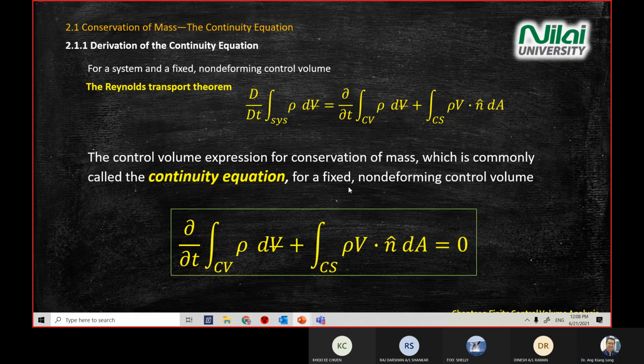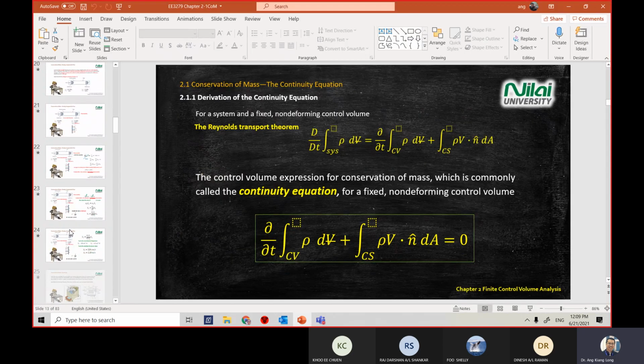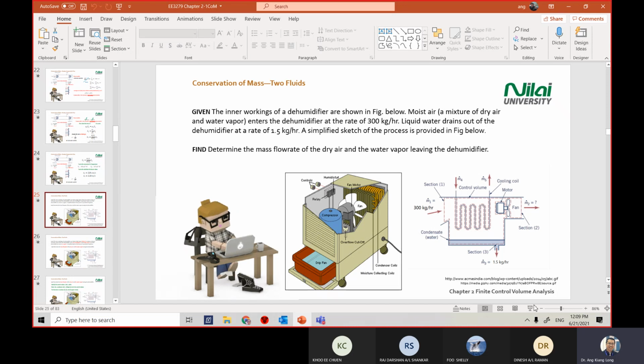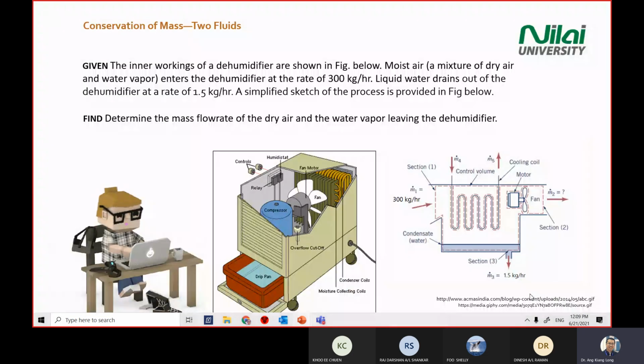When you have a non-deforming and fixed volume, using the continuity equation means you set the control volume and control surface terms to 0. Let's look at the first example for today, which is similar to tutorial question number 5 in your handout. You can download it from Moodle.